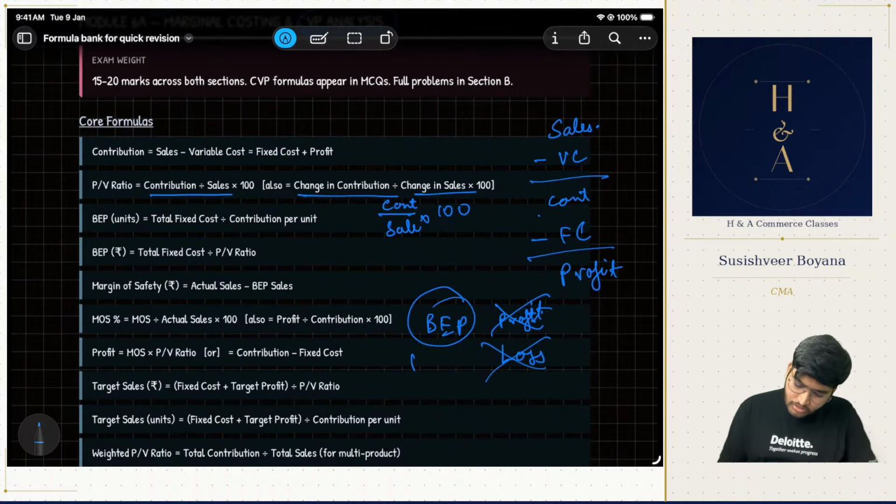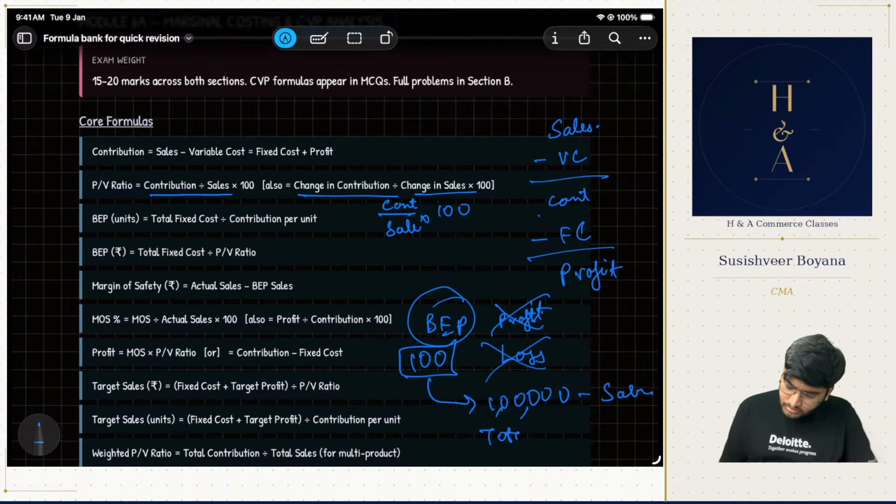That means I'm producing 100 units, right? For 100 units, if my revenue generation is 1 lakh, this is going to be the sale value. My total cost is also going to be 1 lakh. No profit, no loss is where we get BEP into the picture.